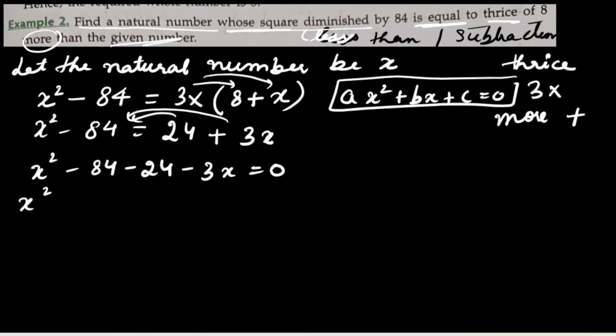So I'll write it in this form, x square minus 3x. Minus 84 minus 24 are like terms, so we can add them, and this will become minus 108, minus and minus, plus, with a minus sign. So we have got the required quadratic equation. So x square minus 84 is equal to 24 plus 3x. When we simplified that, the required equation we got is x square minus 3x minus 108.